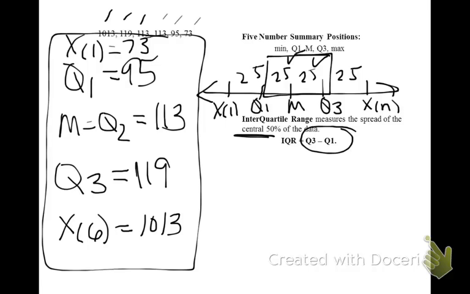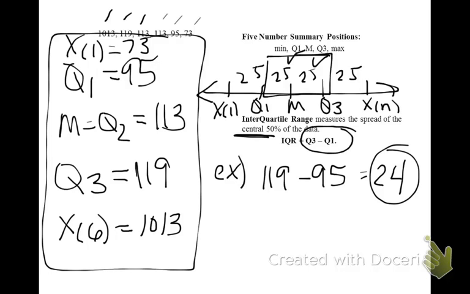So the central 50% will lie within this interval. For our example, if I take Q3 and subtract Q1, this will give back 24. That's our interquartile range.